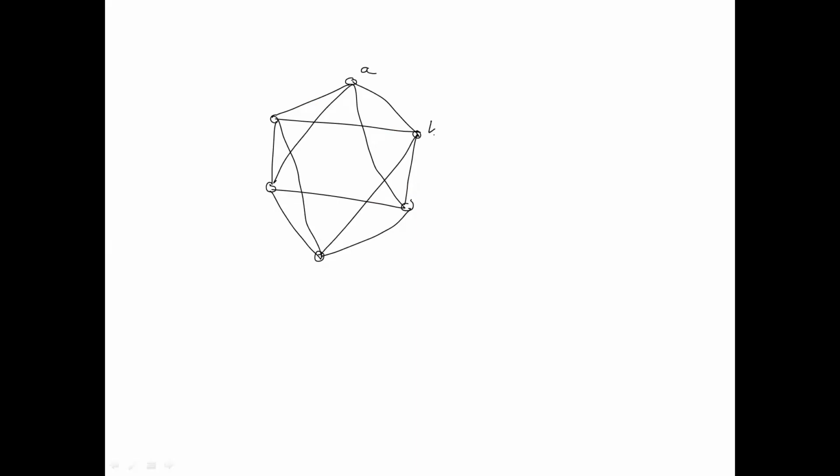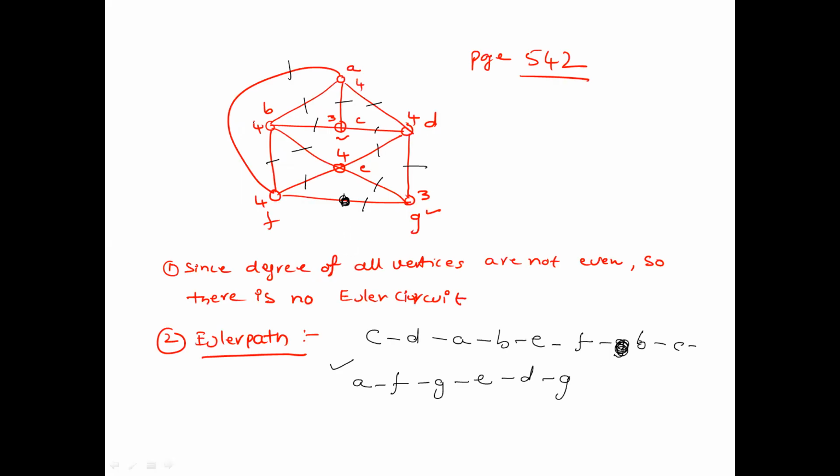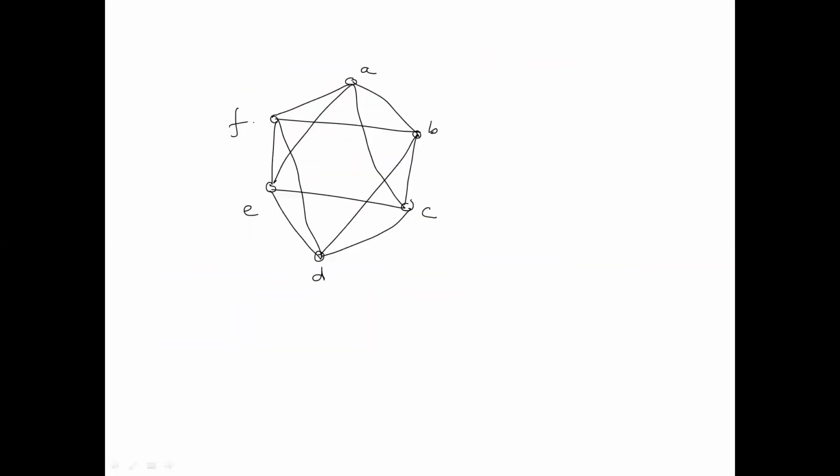Tell me whether this has Euler circuit or not. When a graph contains Euler circuit, what is the condition? Degree of all the vertices are even. Degree of each vertex must be even, right?